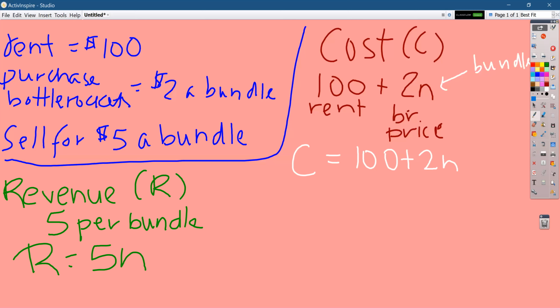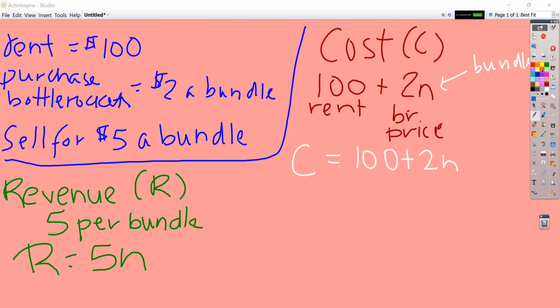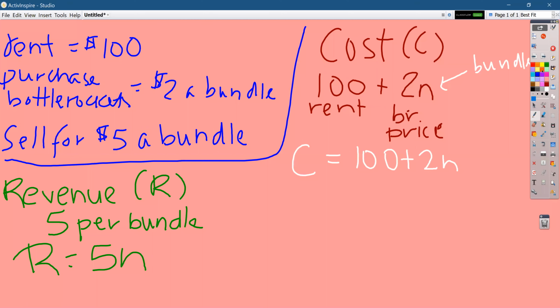So how does he make a profit? His profit, so if we can go back to blue here. Sorry about the dog. So how does Johnny make a profit off of his bottle rockets? Well, let's say profit.